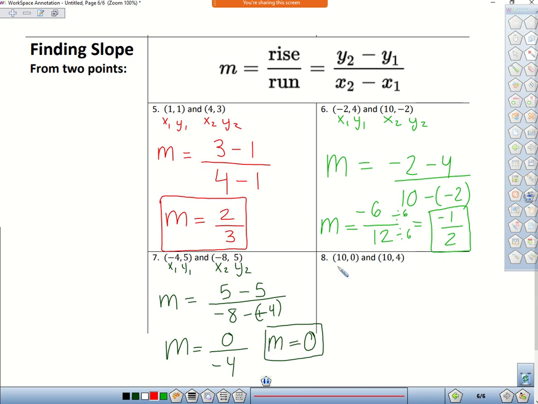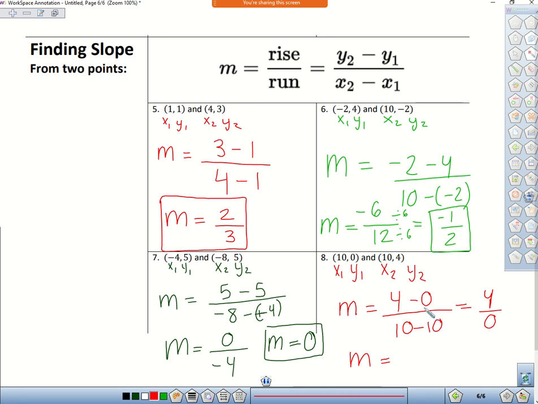And on this one here, we're going to do the same thing. We got x1, y1, x2, and y2. That's going to be m equals y2 minus y1 over x2 minus x1. That gives me 4 over 0. Now this is a little bit different. Can you divide by 0? No. If you did this in the calculator, it gives you an error.